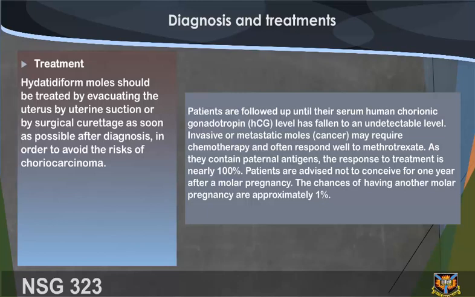Invasive or metastatic moles, cancer, may require chemotherapy and often respond well to methotrexate. As they contain paternal antigens, the response to treatment is nearly 100%. Patients are advised not to conceive for 1 year after a molar pregnancy. The chances of having another molar pregnancy are approximately 1%.